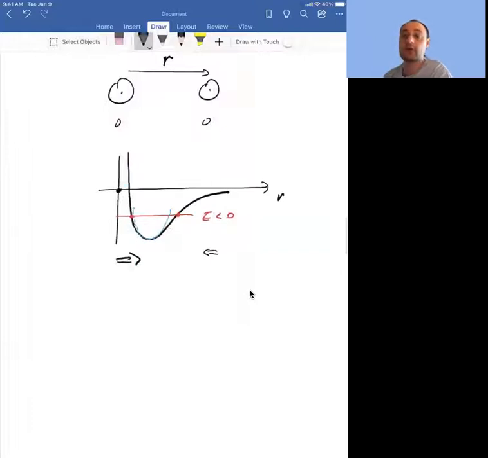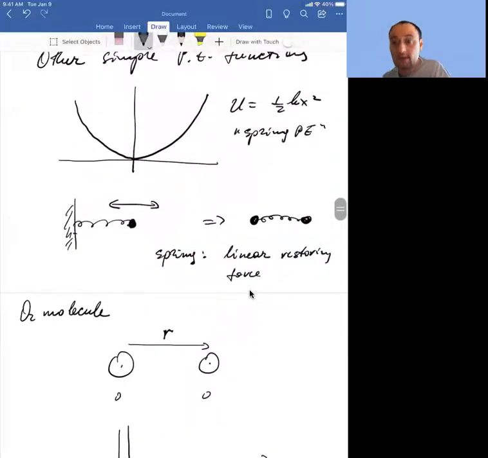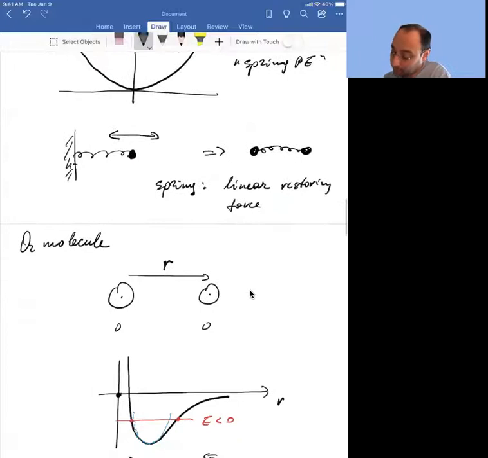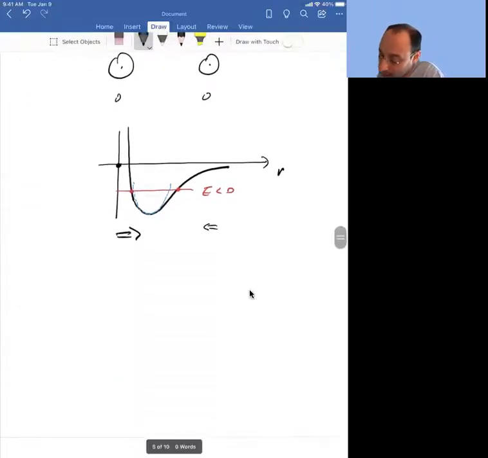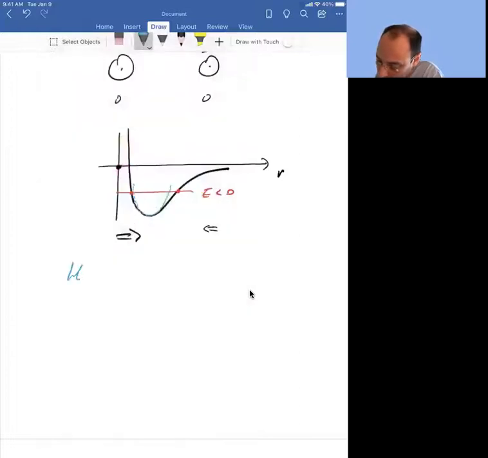The classical version is the classical harmonic oscillator, and it can be modeled as two masses on a spring, or even one mass on a spring. If you can solve one mass on a spring, it's easy to go to two masses on a spring. So this is the harmonic oscillator. The blue is the harmonic oscillator.